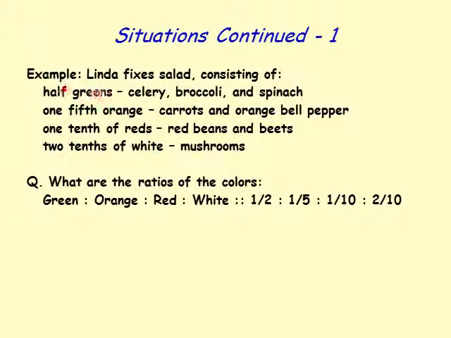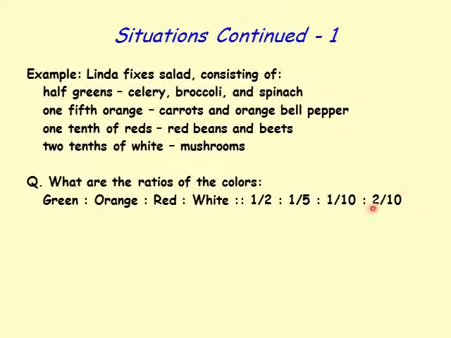So the ratio is green to orange to red to white: green is a half, orange is 1/5, red is 1/10, and white is 2/10.